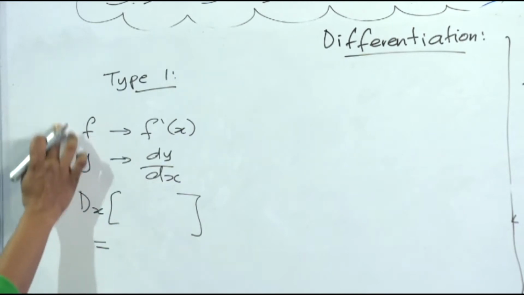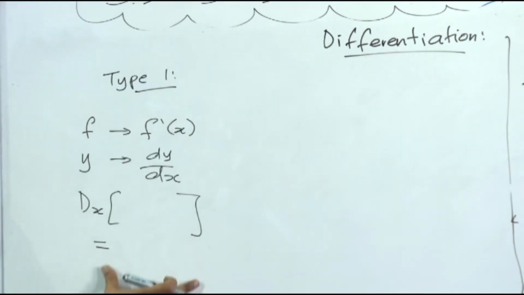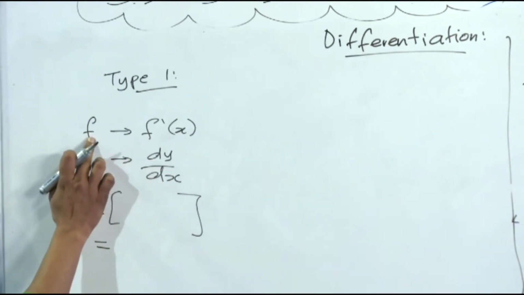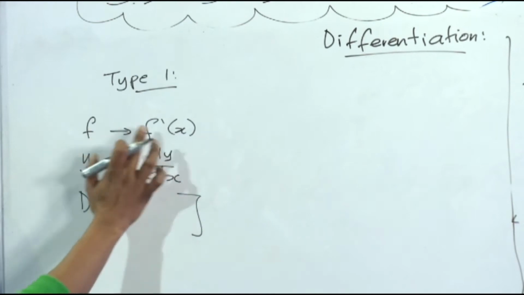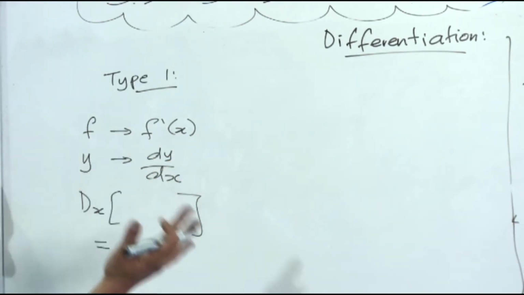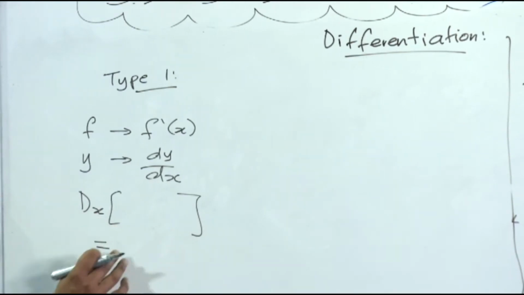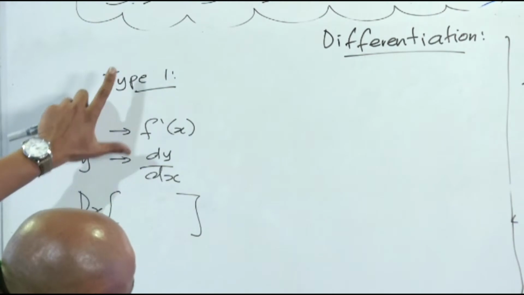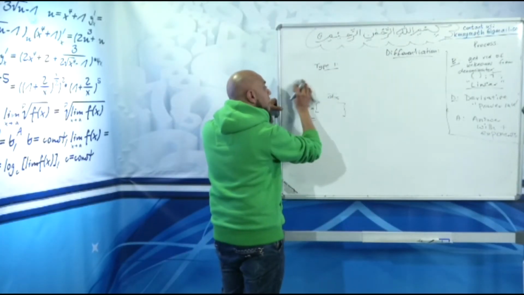So these are the 3 different types in which the derivative will be given. If it's given in terms of f, you cannot say dy over dx. If it's given in terms of x, you say f dash x. If it's given in terms of y, you say dy over dx. If it's given in terms of d over dx, you just remove the brackets at the end when you're finding the derivative.